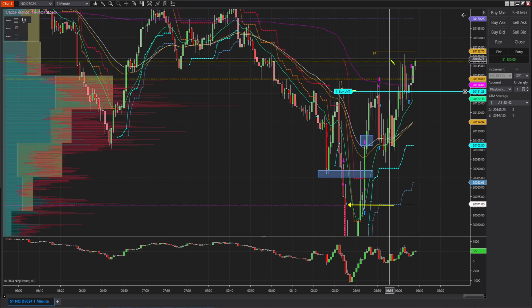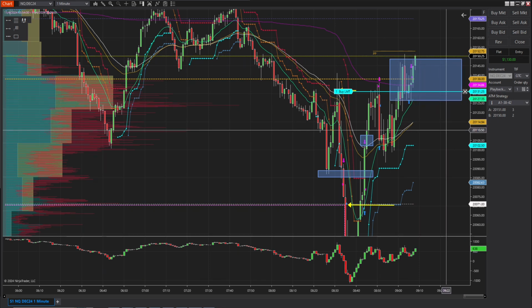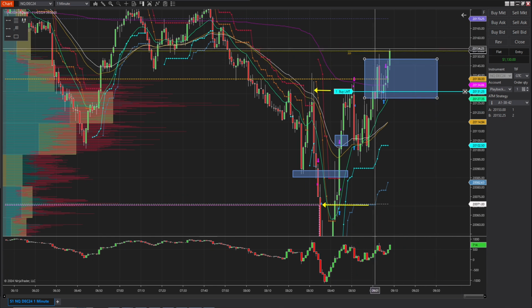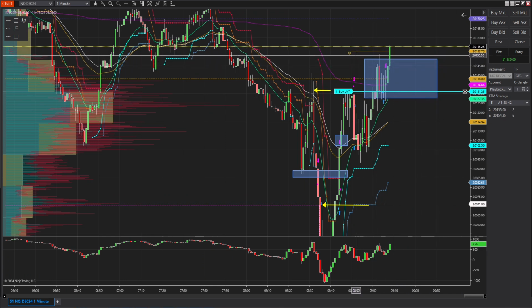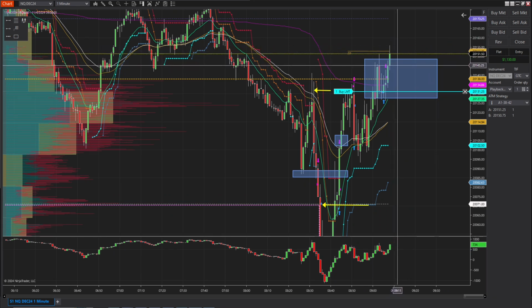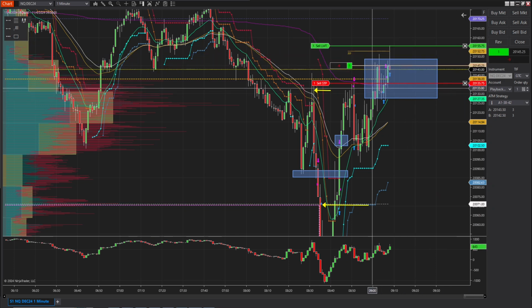So a couple of scenarios here. If this acts as a range bound location, it has broken out, so I can wait for it to come back here and retest. Order submitted, order filled.